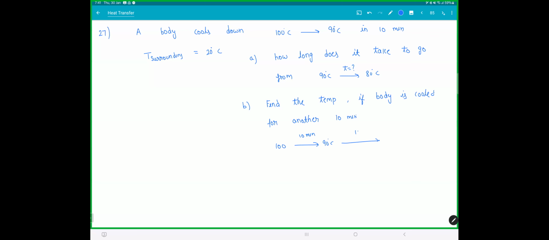From 90, if I give you another 10 minutes, then what will be the temperature? I can frame the question both ways. I'll give you the temperature and ask you the time, or I'll give you the time and ask you the temperature. These are the two models you have. Using the average method, you can figure out the values. I'll give 2-3 minutes.